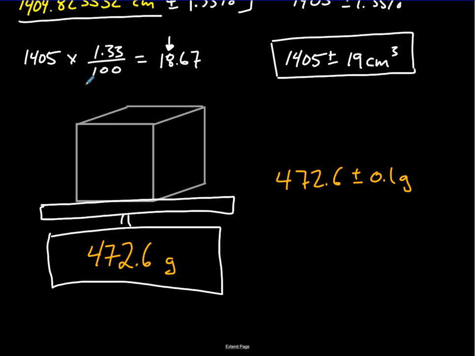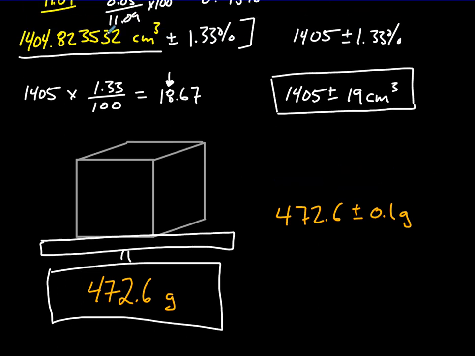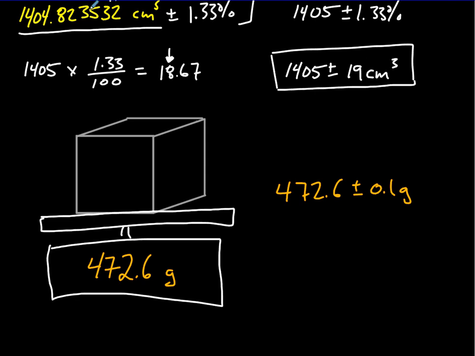And seeing as how we're going to do a division with the number that we got for volume, we're going to put the mass and it's going to be divided by the volume. We're going to do a division, so we're going to need a percent uncertainty again in order to propagate the error correctly. So 0.1 over 472.6.